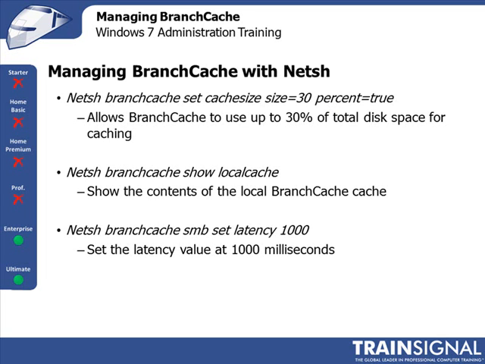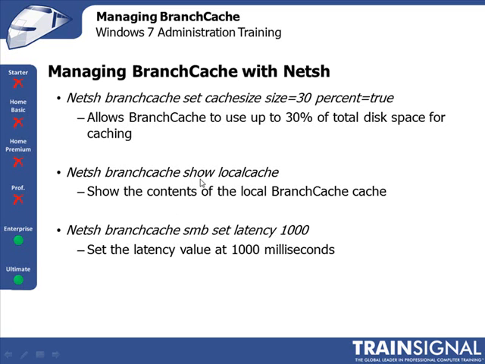It will be 30 bytes. It will not be 30% of your disk space. So this percent equals true says, here's how you specify a percentage of disk space. If you want to omit percent equals true, you can specify a full size that you'd like to specify in bytes. So if I just set this to 30 and didn't put that other thing on, then you're going to end up with a 30 byte cache, which is not going to do a whole lot to help you.